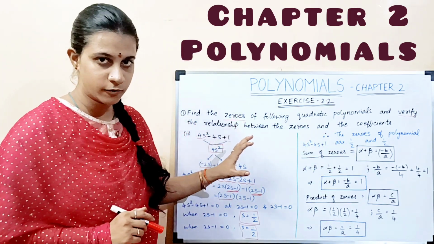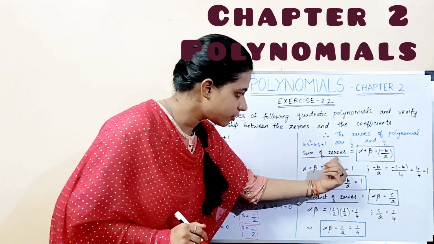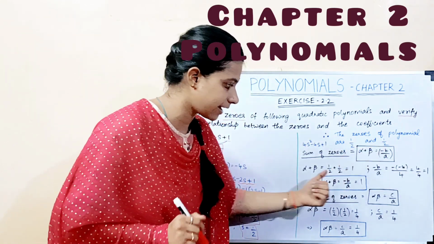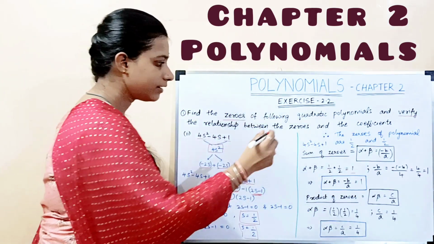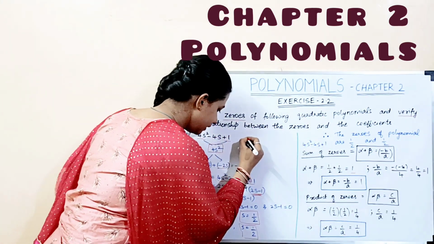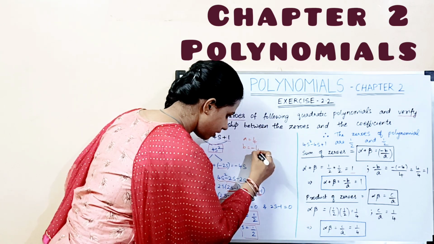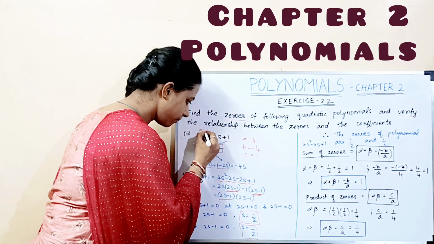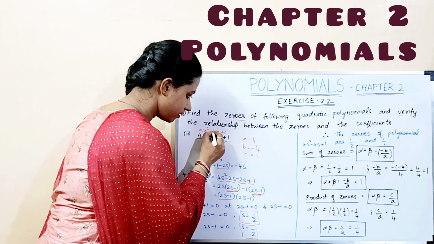This is the first half of the solution. Now we will prove the relationship. For the sum of the zeros, we take alpha plus beta, that is 1 by 2 plus 1 by 2 in this case. On doing that, we get 1. And on taking minus b by a, here a is equal to 4, b is equal to minus 4 and c is equal to 1, since it is of the form ax square plus bx plus c.